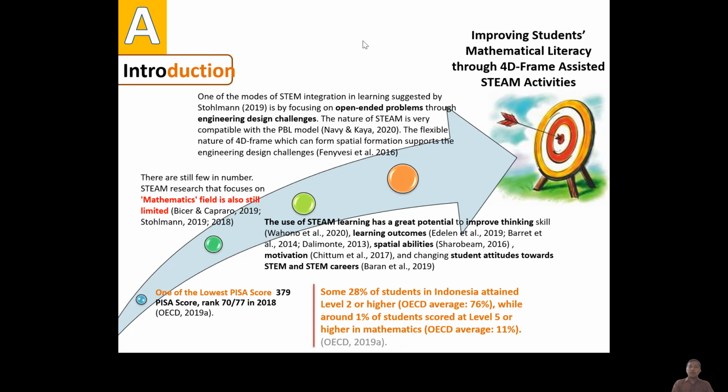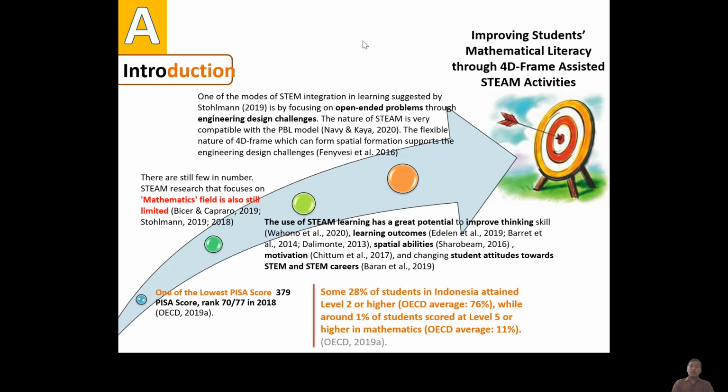Yet there are still few STEAM studies that have focused on the mathematics field. So this is a great opportunity for us to use STEAM learning in order to increase student mathematical literacy.